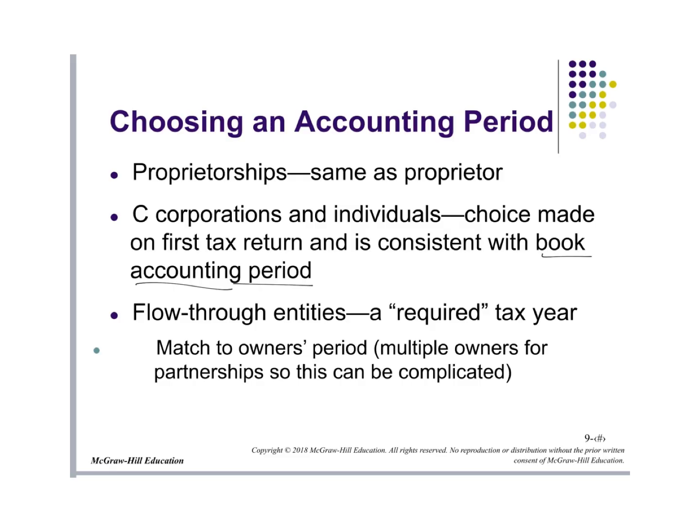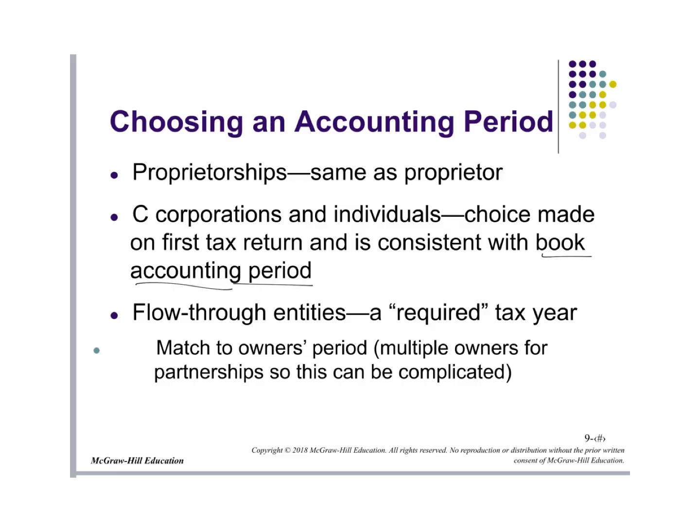Flow-through entities have a required tax year, and they have to match to the owner's tax year. If you have multiple ownerships for partnerships, for example, this can be really complicated, but what you have to do essentially is figure out what the tax year is for the majority of your owners, and then figure out which tax year will cause the least amount of difference between you and the majority of your owners.